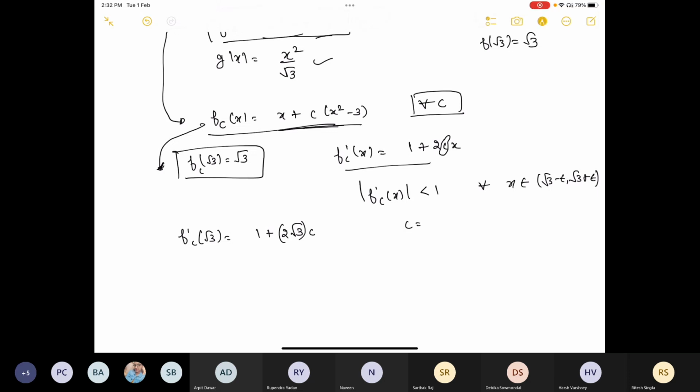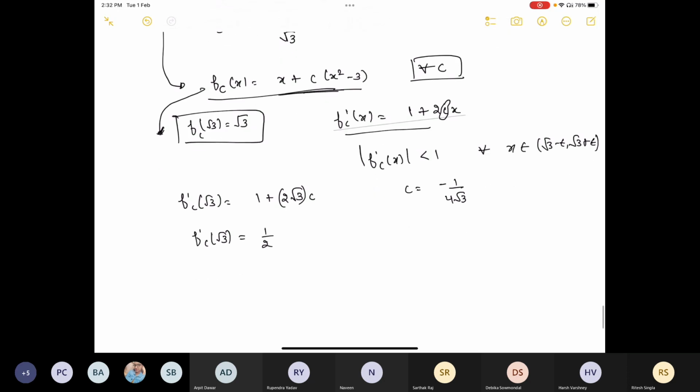So if I substitute c equal to minus 1 upon 4 root 3, suppose, then f_c prime of root 3 is equal to 1 by 2, right? Yes, sir. So we can surely find some neighborhood around it.